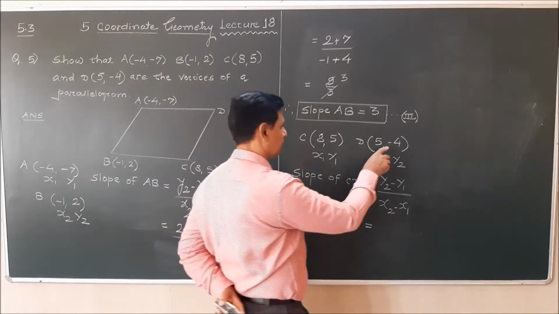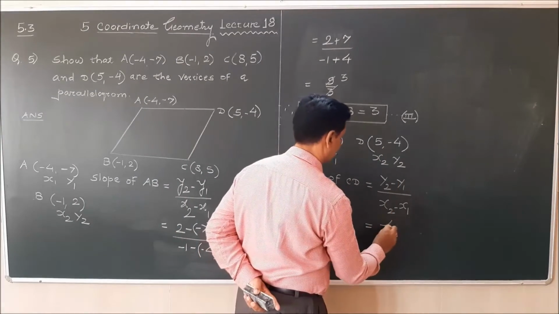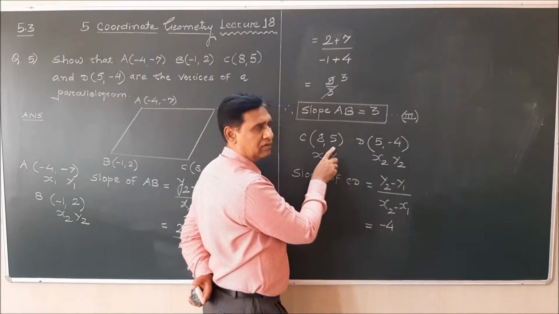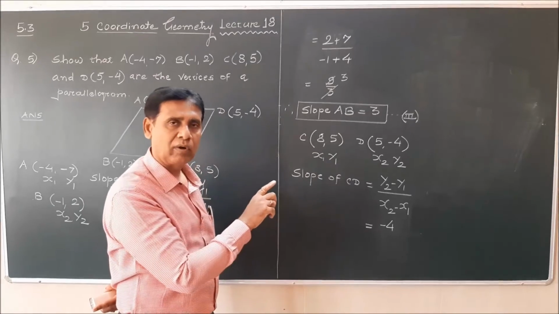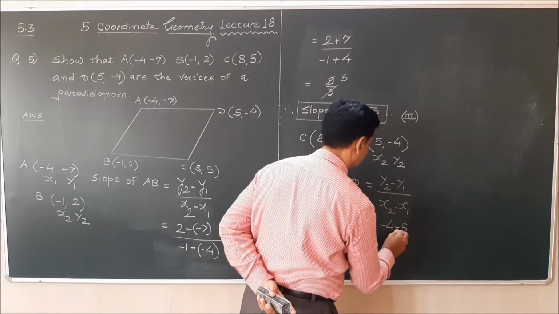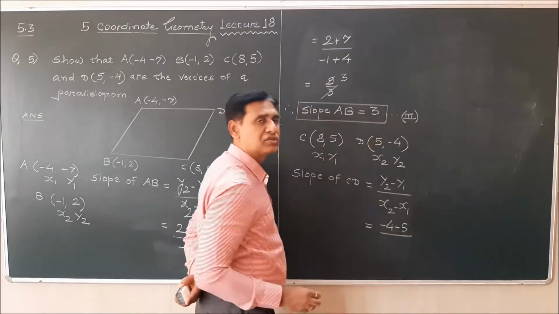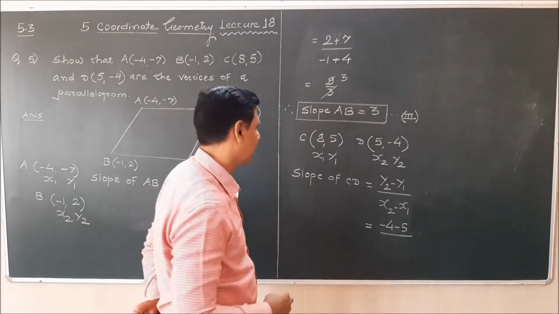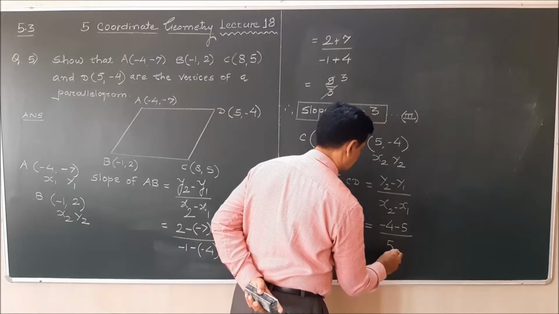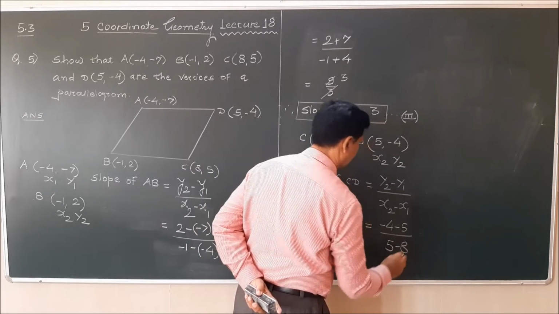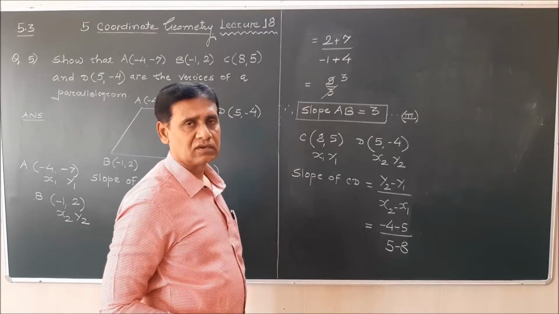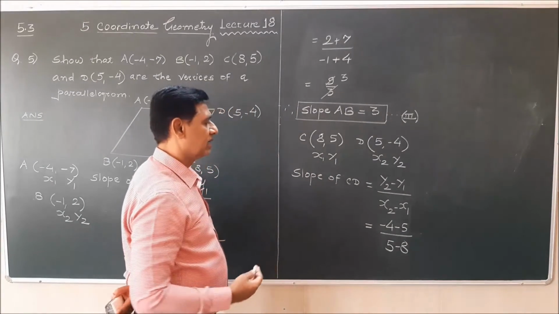So the value of y2 is minus 4. y2 minus y1, where you will find the value of y1 is 5. So minus 4 minus 5 upon x2 minus x1. The value of x2 is 5 minus 8. x1 is 8, so naturally it will become minus 8.